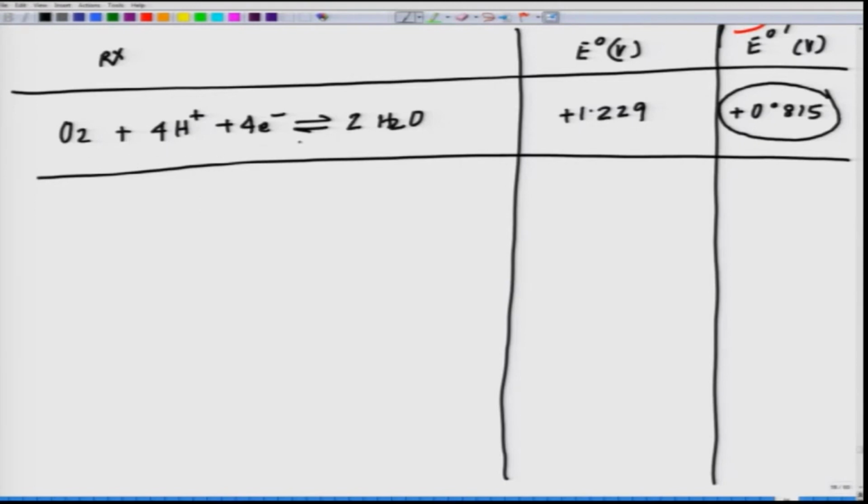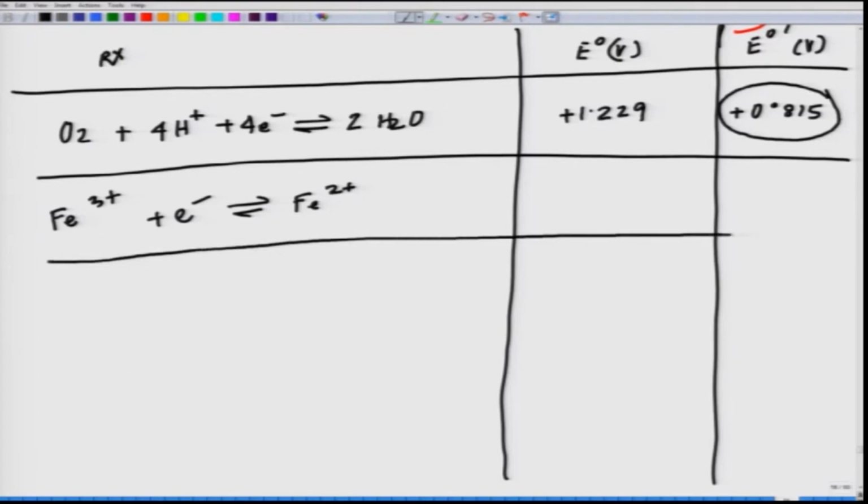Okay. Now, take a simple one, iron 3 plus plus electron, getting reduced to make Fe2 plus. Okay. Now, in that situation the value is 0.771 as well as 0.771. Now, you realize the difference: both are the same. Why are both the same?